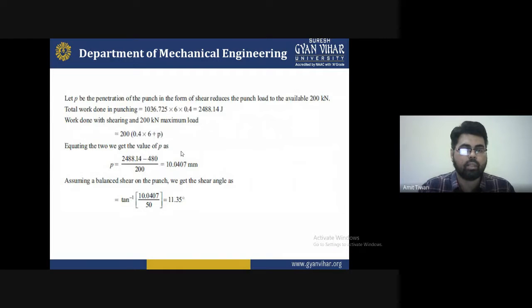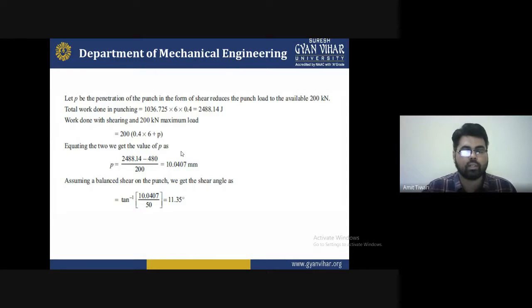So these are the diagrams. Let P be the penetration of the punch in the form of shear reduction, and the punch load available. We consider 20 kilonewton, which is also mentioned in the numerical. Lastly, we can calculate the work done in punching, from 1036.725 and 6 into 0.4, we can find 488.14 joule.